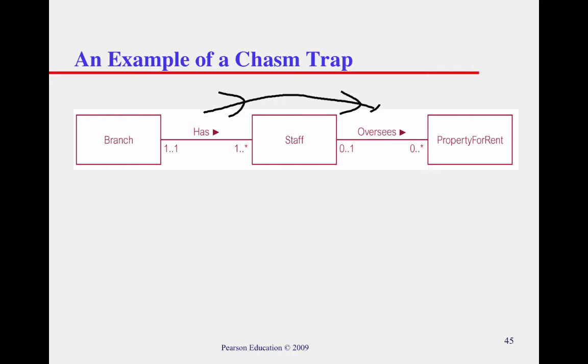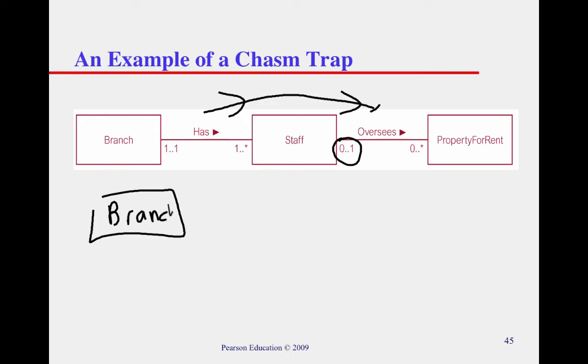But notice there's a 0 to 1 sitting right there, meaning that a property may not be overseen by any staff member. What that means in practice is that that relationship may actually look like this.